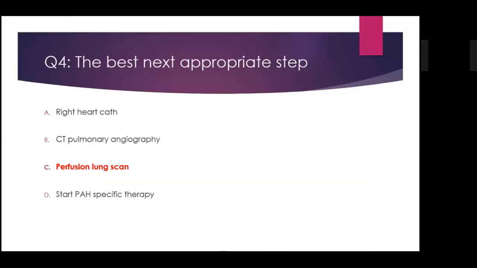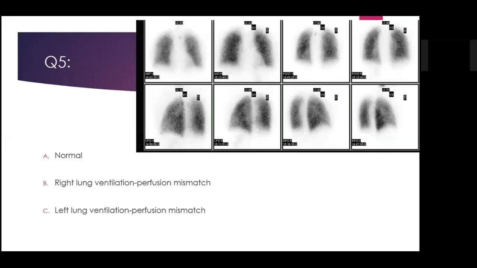So the perfusion lung scan is the best next step. In this scan, the above is the ventilation scan and the blue is the perfusion scan. How would you comment on this VQ scan? Is it normal? Is there a right mismatch or a left lung mismatch?